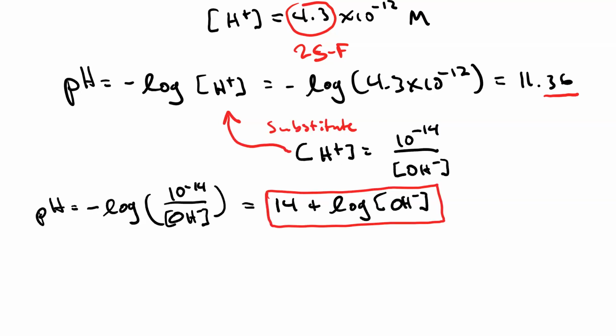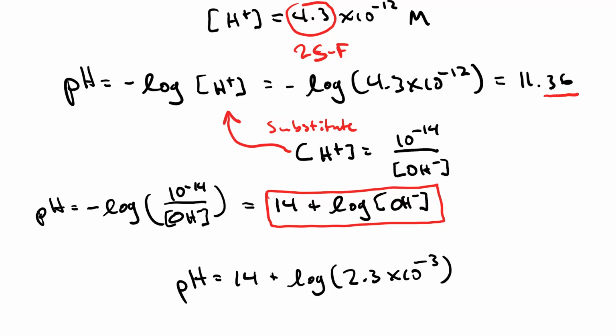So let's try that with the problem we did before, where the hydroxide ion concentration is 2.3 times 10 to the negative 3rd molar. So we get 14 plus the logarithm of 2.3 times 10 to the negative 3rd. Punch that into my calculator, and I get the same answer, 11.36.